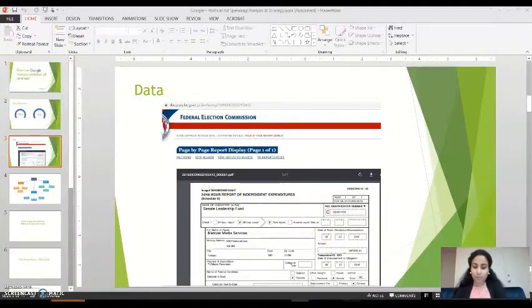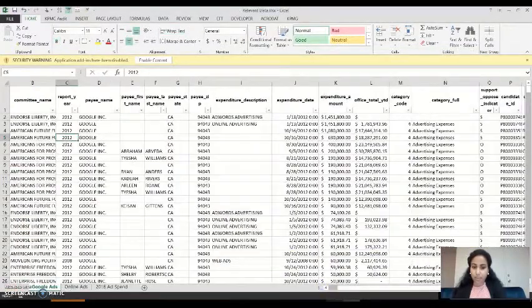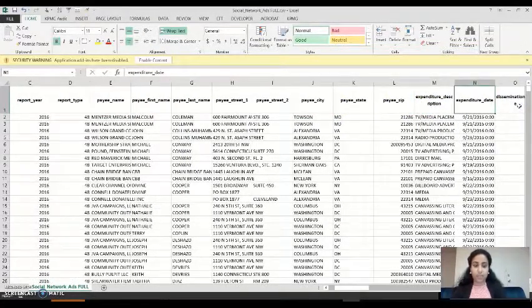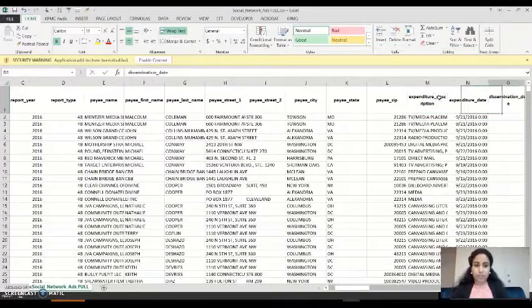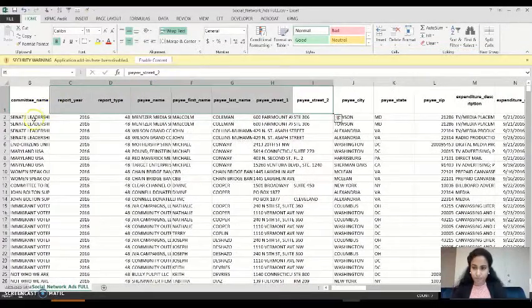So let's take a look at the raw data. Here is the total data that we see. Here are all the data values that we have collected, such as the committee name, who was the payee, who was the vendor, and where was the payee city. We got data such as the description of the ad type and the expenditure amount for each ad type that they placed.